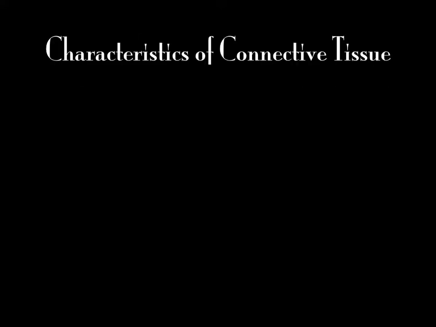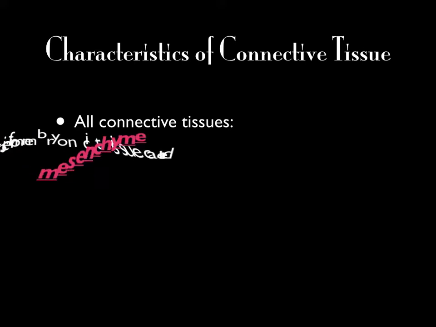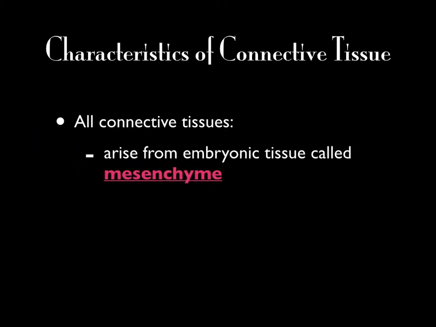Despite the many differences that you see between connective tissues, all connective tissues have several important characteristics in common. For example, all connective tissues arise from an embryonic tissue called mesenchyme, and all have extracellular matrix. Again, remember that matrix is that stuff that you find surrounding the cells that comprise a tissue.